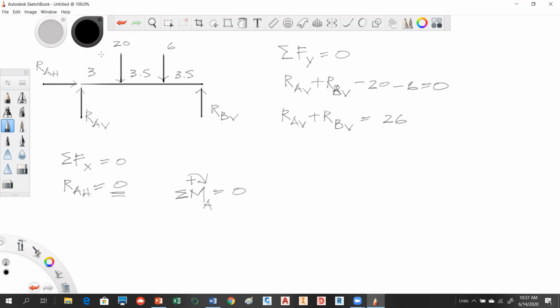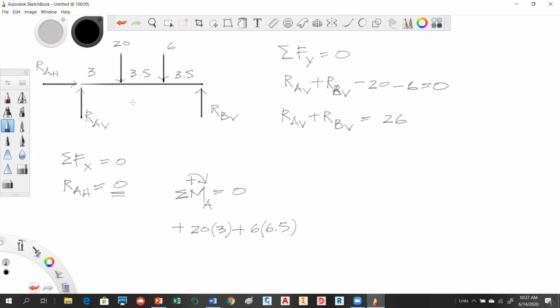So we have a force times a distance. We have a force, which is 20 at 3. And this is giving me a clockwise moment, so it's a positive moment. Then we have 6 at 6.5, and that's also a clockwise moment. So that's going to be a plus 6 kilonewtons times 6.5 meters.